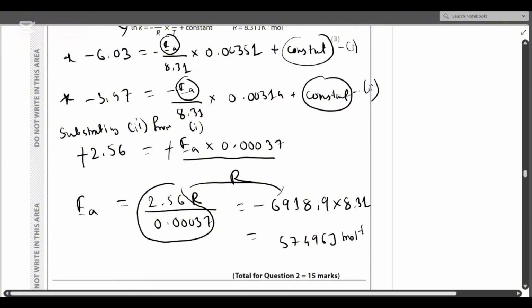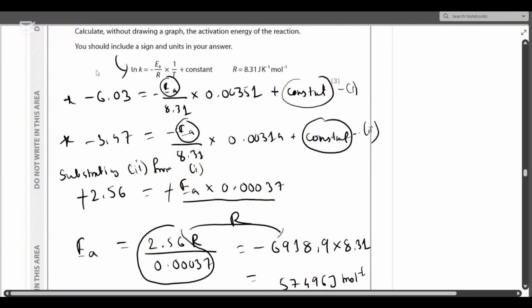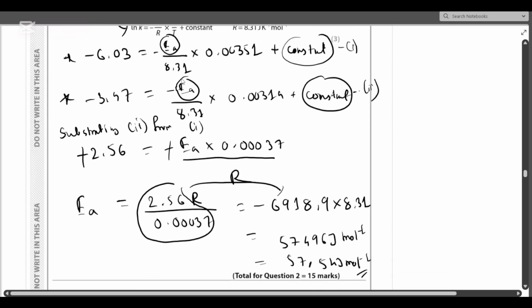If you want to convert it into kilojoules, you divide by 1000 and you get about 47.450 kilojoules per mole. So that is the value of Ea, and the sign here is obviously plus.